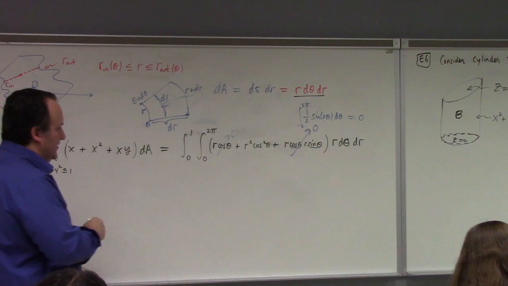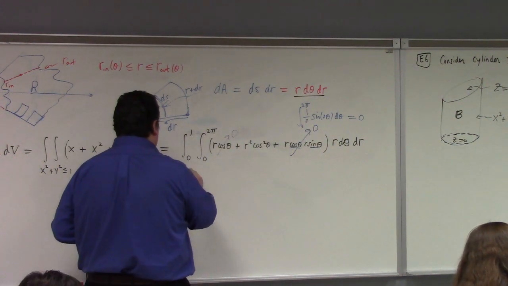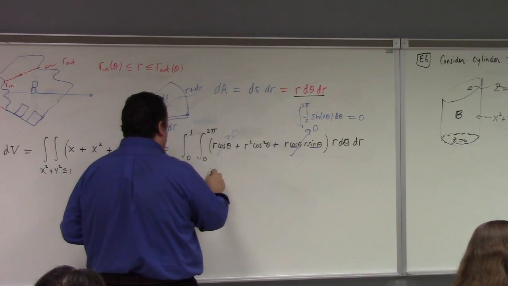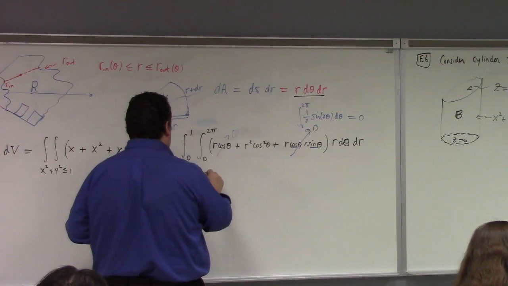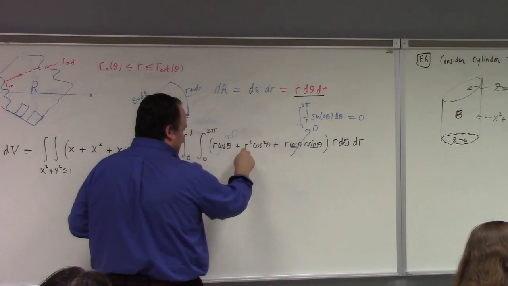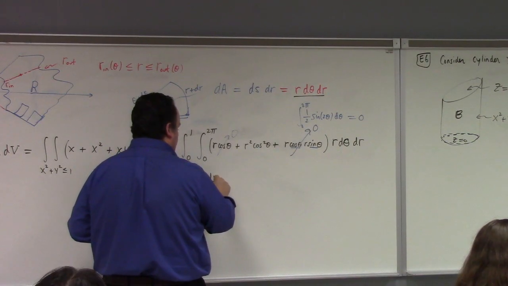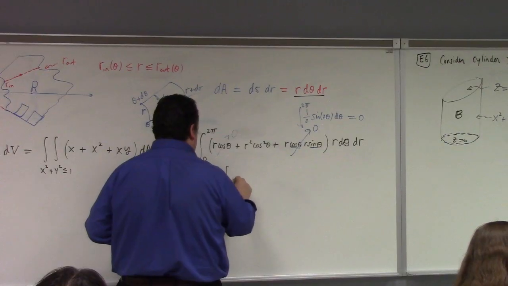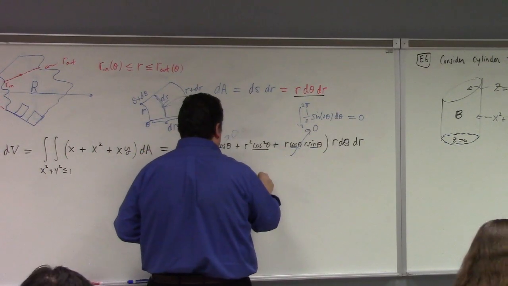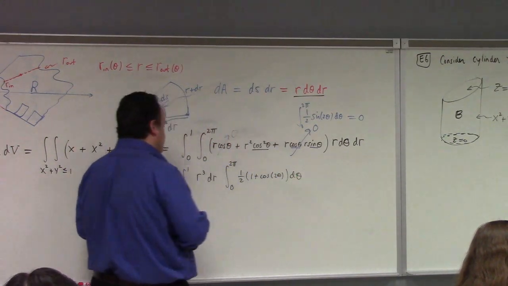And so look, all we have to do, see, if I hadn't gotten hung up on that silly volume integral earlier, I would have done the full trig substitution, and you'd have felt it more. So I've stolen the thunder of this example by not doing the trig substitution, but this just gives us r cubed dr, and then we've got the integral from 0 to 2 pi of cosine squared, which is 1/2 of 1 plus cosine of 2 theta, d theta.